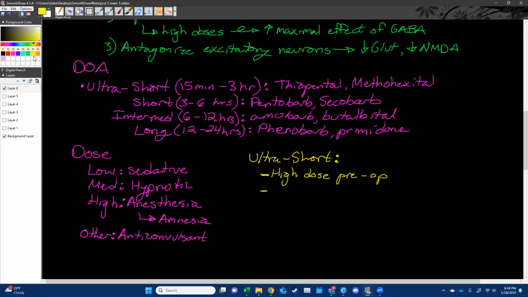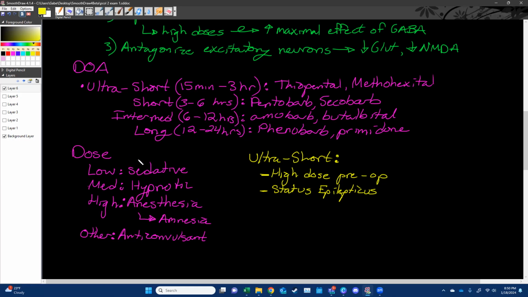So one of the uses is in situations like status epilepticus, right? Where someone is having a seizure that is not ending on its own. So someone could have epilepsy and maybe they're having a seizure for about a minute and then it stops on its own. Status epilepticus is when the seizure is not stopping. And so we need a drug that we can slam into the person to prevent the seizure from continuing.